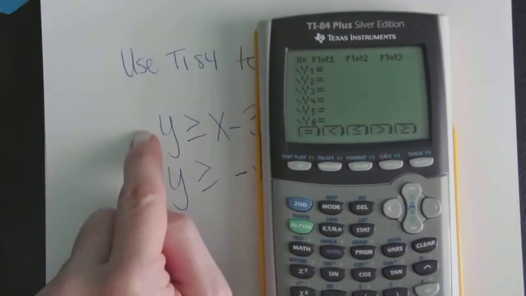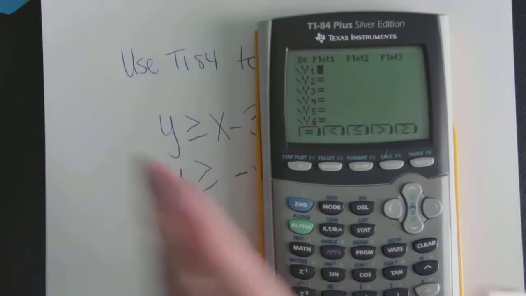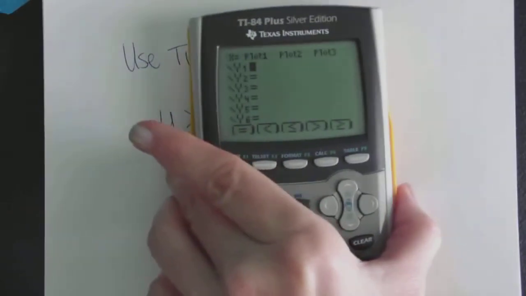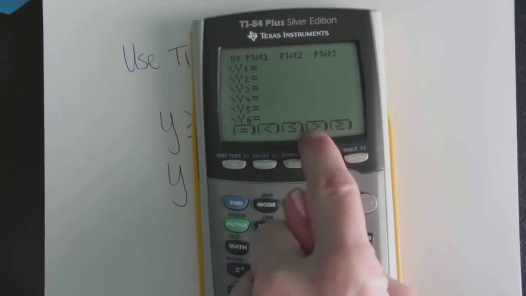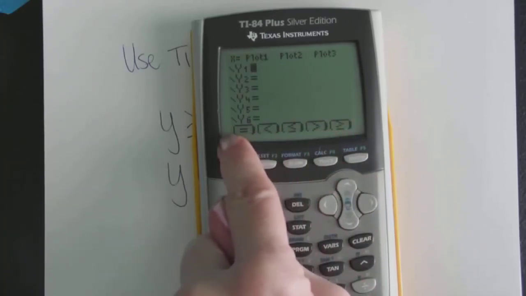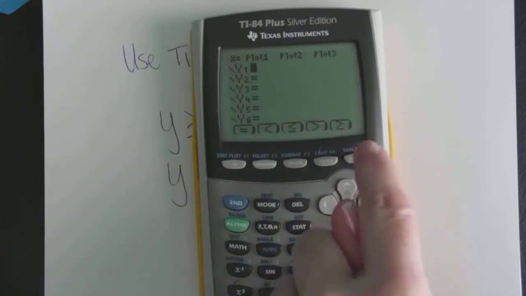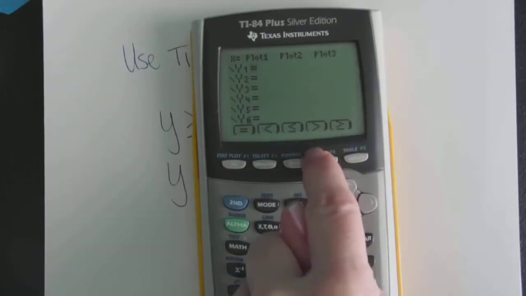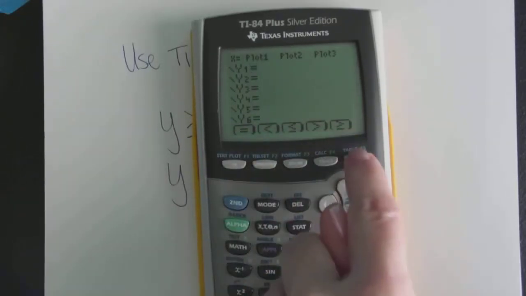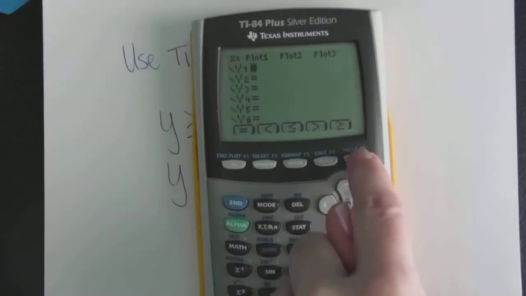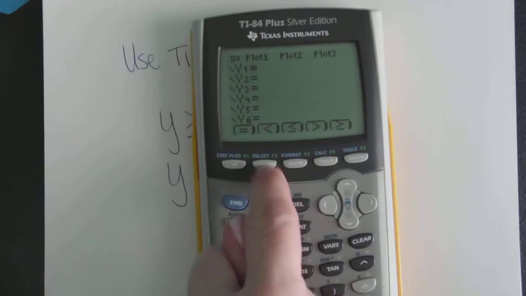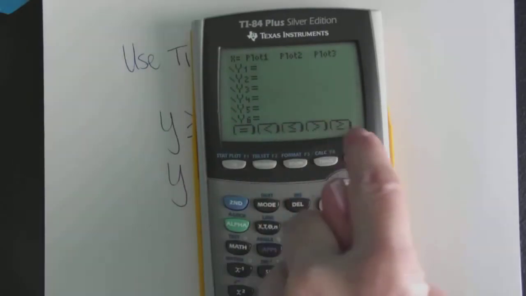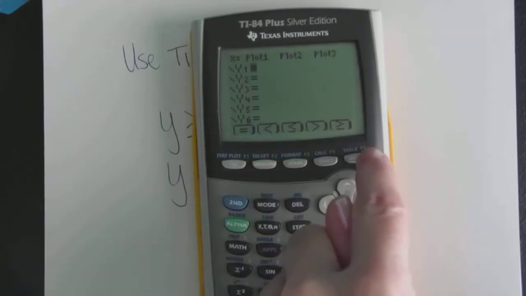Now, if you notice, our first inequality is y is greater than or equal to. Greater than or equal to on my calculator is right here. These five choices actually hook up with the five function keys. See F5 in green? This is F5, F4, F3, F2, and F1.